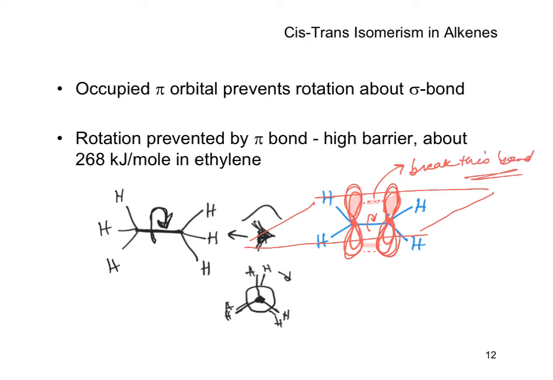What that means is that if you ever have to turn, if you have to rotate your double bond, that will lead to breaking of the bond, and it's obviously not easy to break that. So the rotation is prevented. It's a high energy barrier, typically 268 kilojoules per mole in case of ethene.